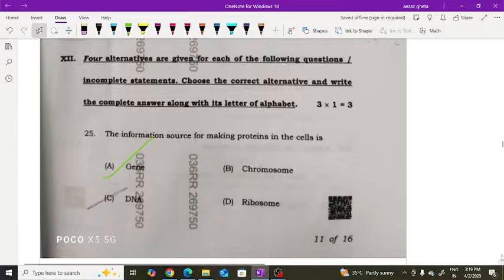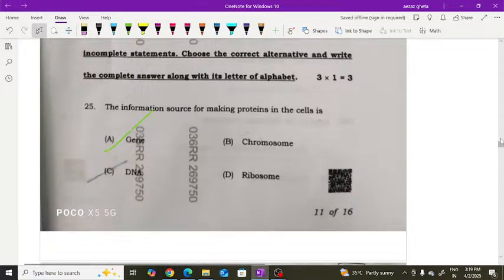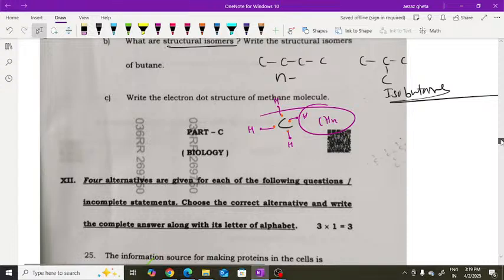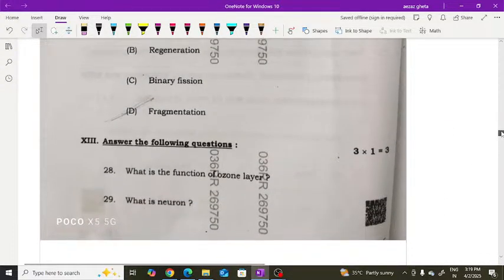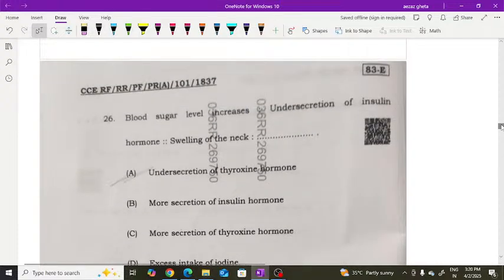Let's see what key answers come from the officials. You all wrote DNA, so I wish that DNA should be right.